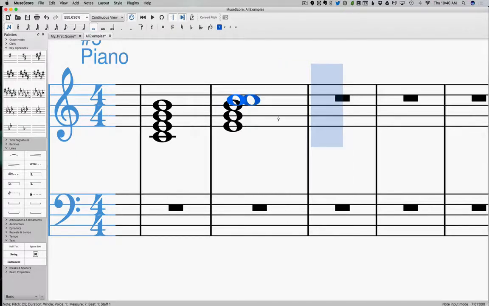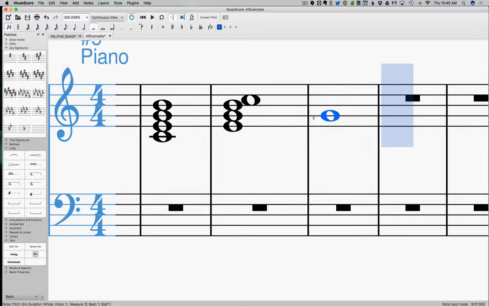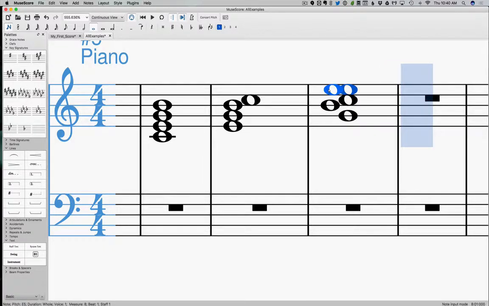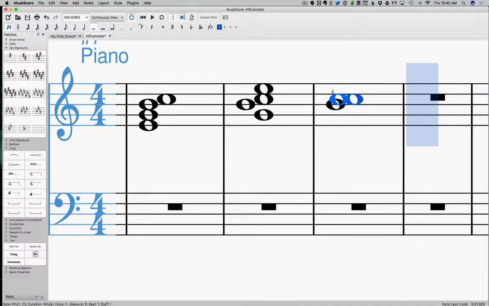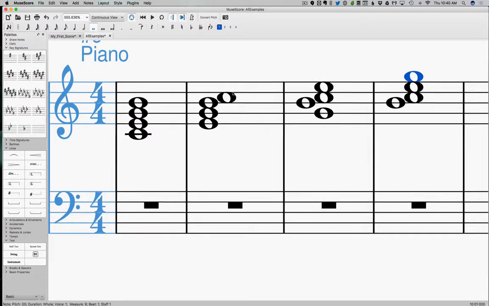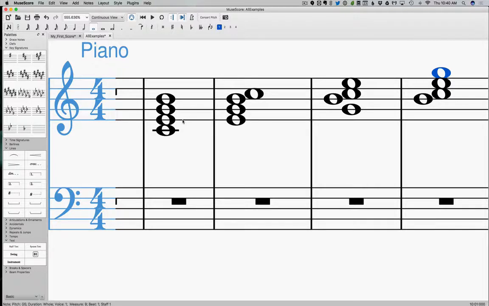Put the C up there. The next one, we put the G on the bottom. Oops, skipped a note. And then the 7th on the bottom. Okay, so now that we have 4 notes, there are 4 possible inversions. These are all C major 7 in its 4 possible inversions.